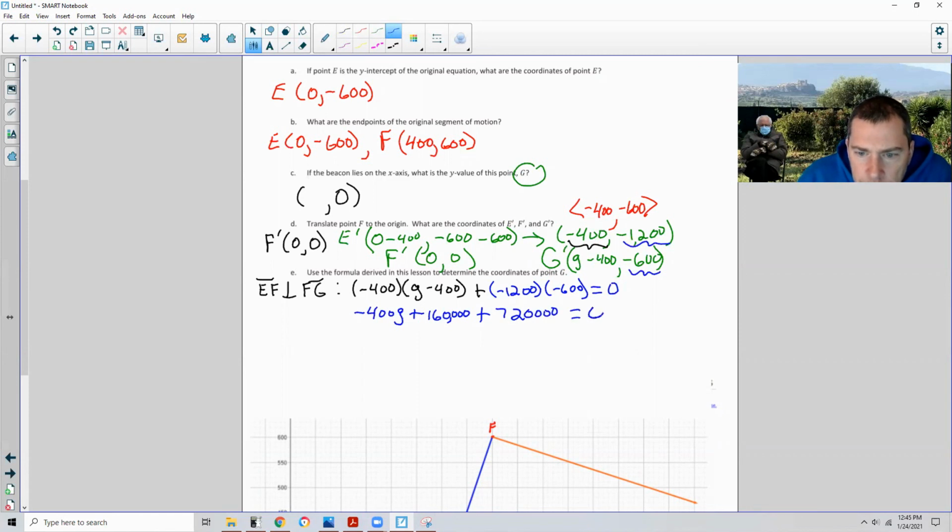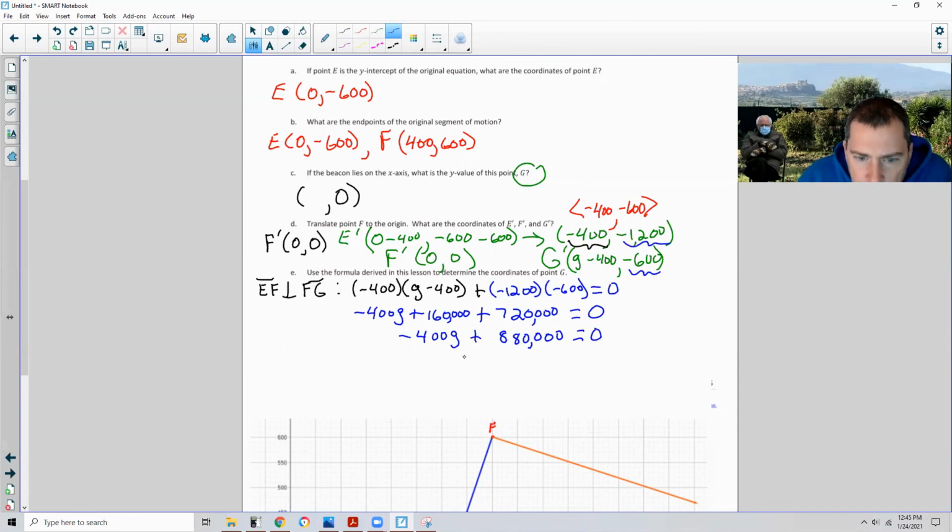Has to equal 0. Well, if I combine these, I get negative 400g plus 720,000... has to equal 0.